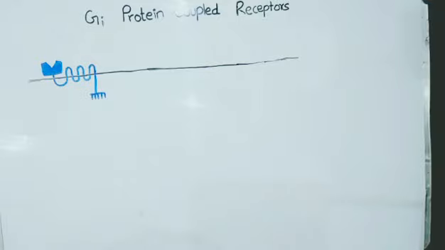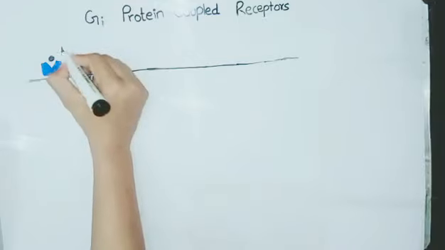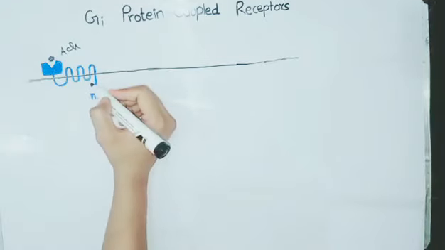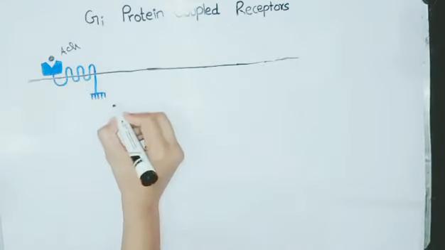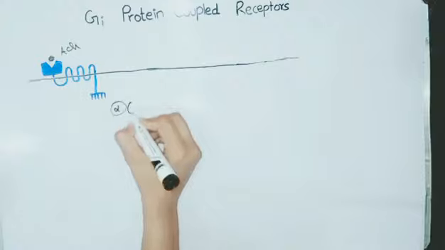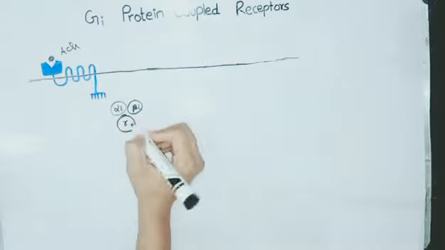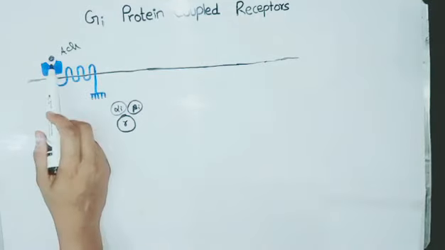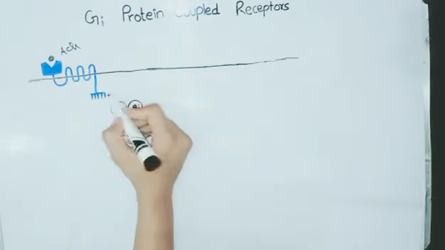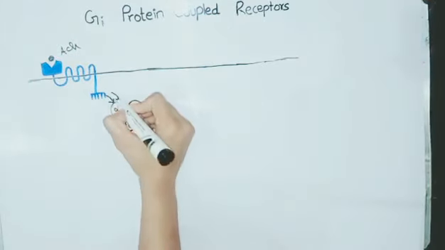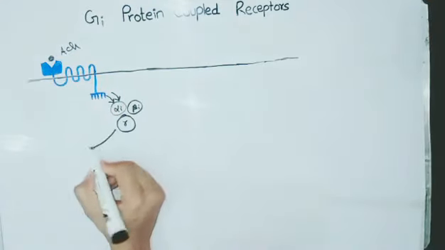So here we assume that our ligand in this case is acetylcholine, and acetylcholine comes here and binds with the ligand binding domain, and here is our trimeric G protein with its 3 subunits alpha, beta and gamma. Now this ligand binding domain has a ligand attached to it, and it transmits a signal through its effector domain, and this signal is now received by this G protein.